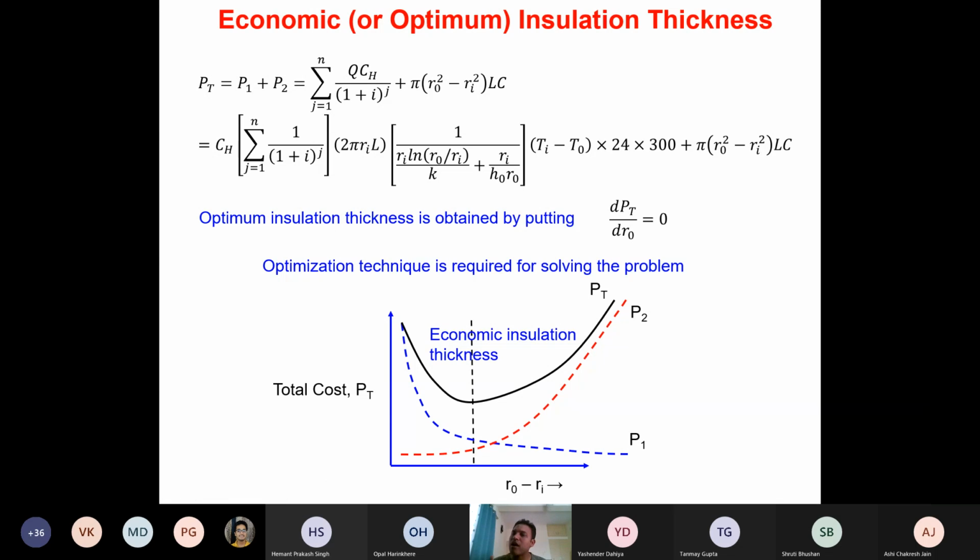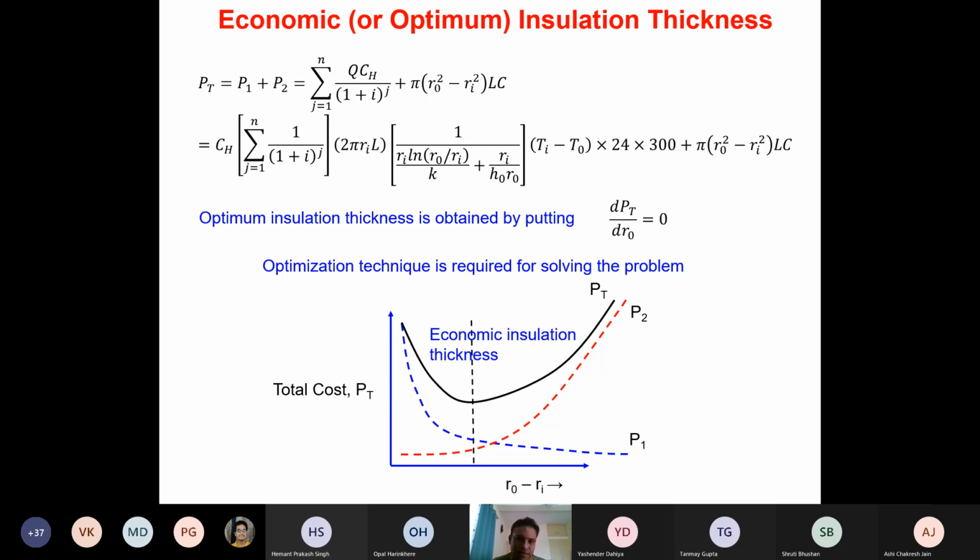R naught minus Ri is going to give me the insulation thickness. Ri is fixed, because that is the radius up to the metal wall, whereas R naught is something which you are varying beyond Ri, isn't it? So you want to find R naught minus Ri such that your return is maximized.